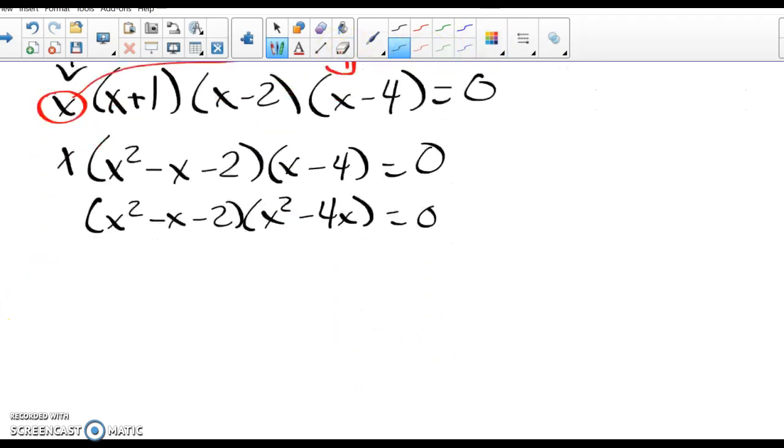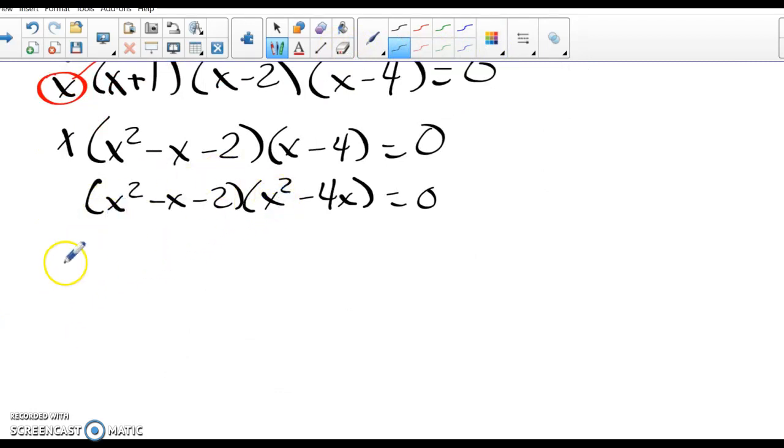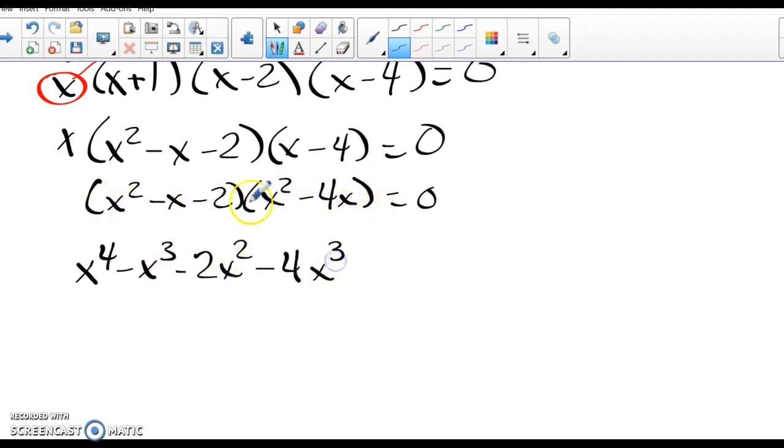And then when I use my FOIL method on those, or my distributive, x squared times x squared is x to the 4th. X squared times x is x cubed. X squared times -2 is -2x squared. -4x times that gives me -4x cubed. -4 times -x is a positive 4x squared. -4x times -2 is a positive 8x.